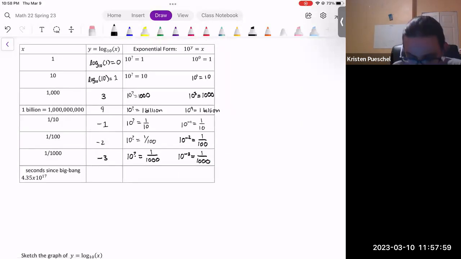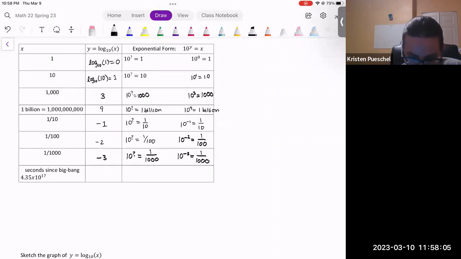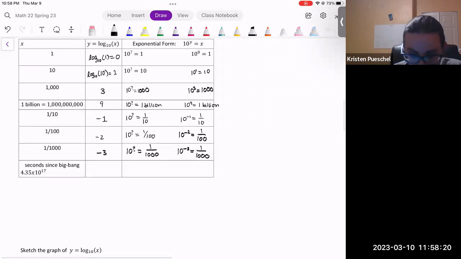All right. So we see this 10 to the 17th. This is going to be somewhere between 10 to the 17th and 10 to the 18th. So we expect this to be somewhere between 17 and 18. We will look at this a little bit more soon. But we see this is a really slowly growing function.